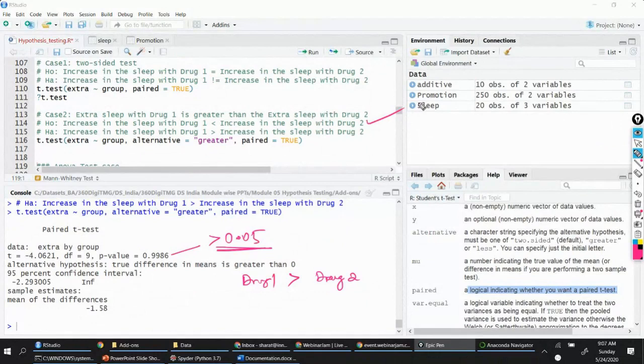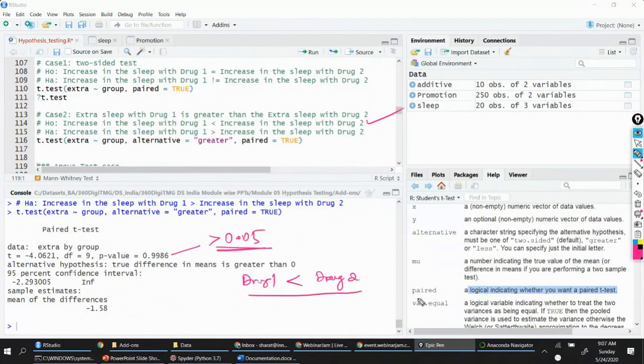That means we are going with the null hypothesis, which says, oh, sorry, my bad. Drug 2 is greater. Drug 1 is less. My bad.